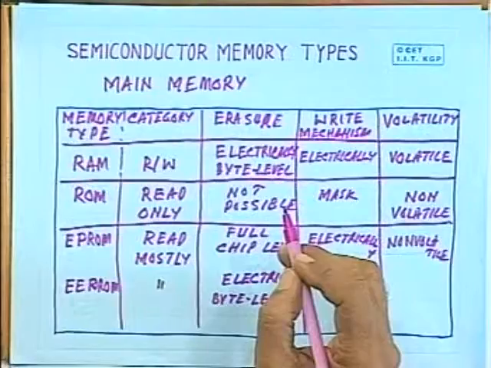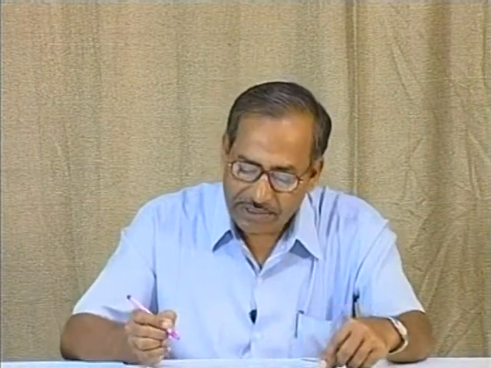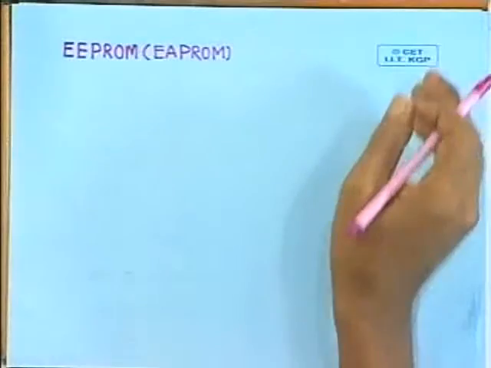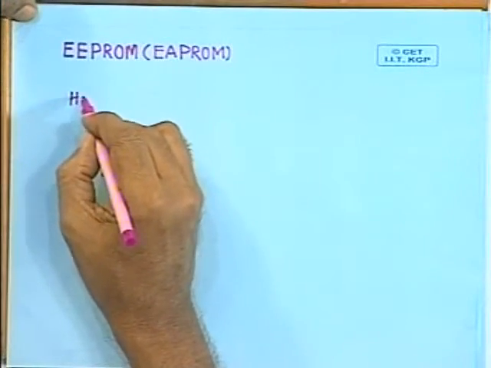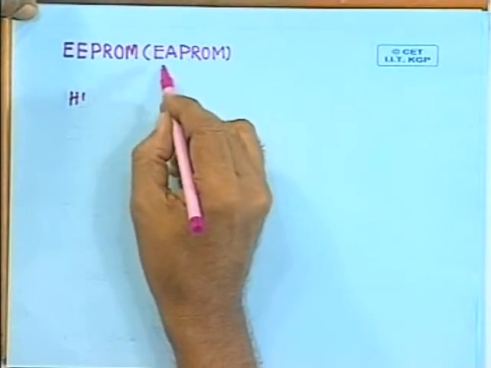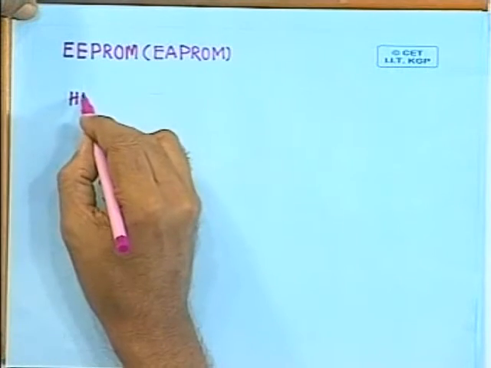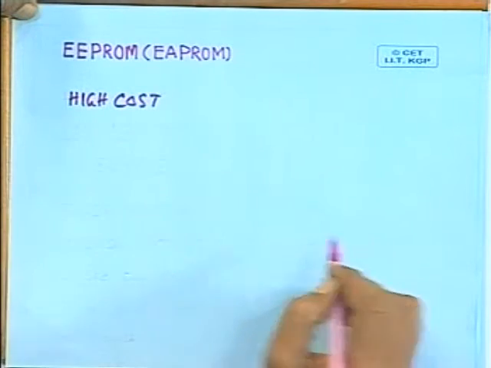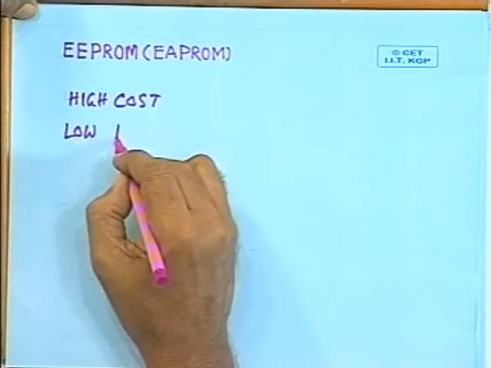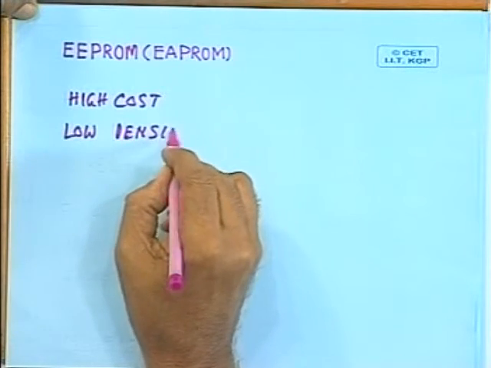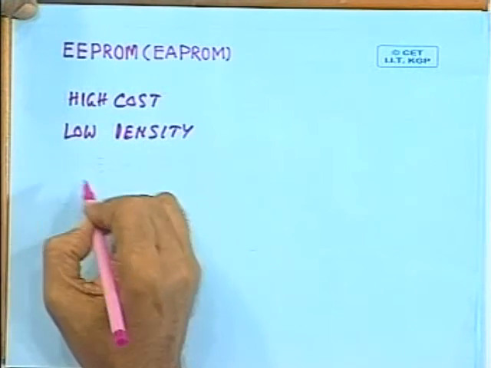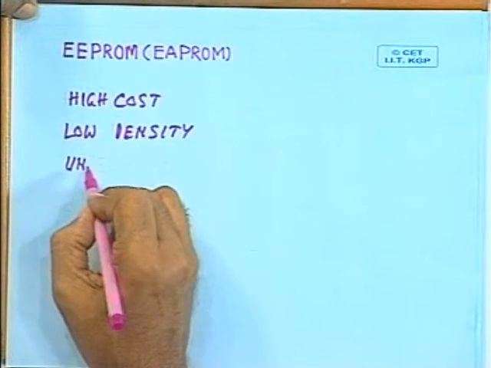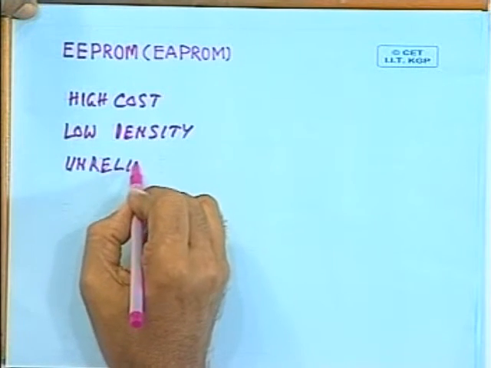But unfortunately, the EEPROM, electrically erasable and programmable ROM, did not live up to the expectations, and it has many limitations: high cost, low density, and most important, it is not very reliable.